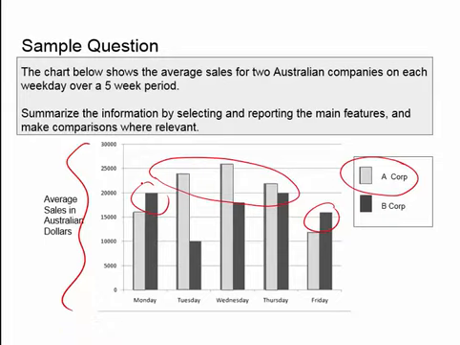Okay? Another thing that really jumps out to me is that for some reason, B Corp on Tuesdays does very, very poorly. Now remember, we don't need to report very specific information here. What we need to do in paragraph 2 is just discuss these general features that seem to be the most important part of this visual.